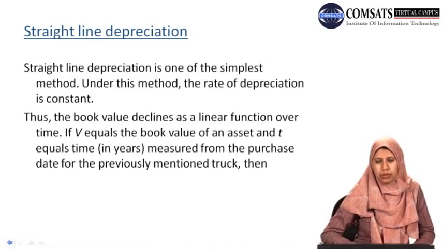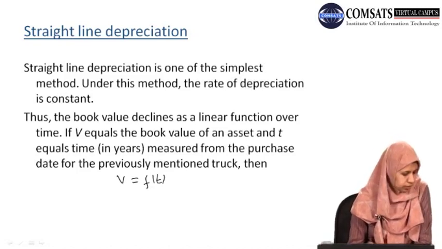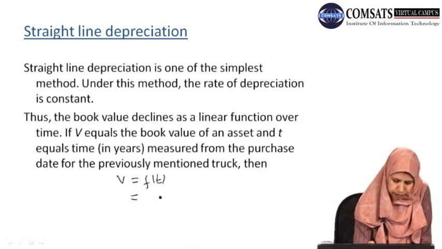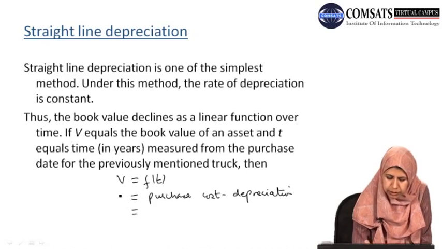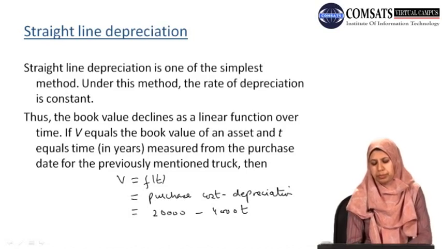If V equals the book value of an asset and t equals time in years measured from the purchase date for the previously mentioned truck, then V is equal to a function of time, and this is equal to purchase cost minus depreciation, which is equal to 20,000 minus 4,000 per year.